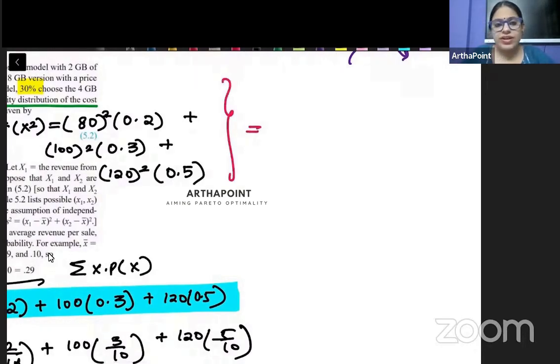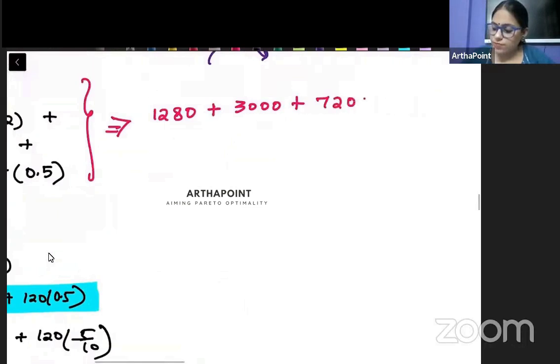So if I find out E of x square, what will I get? So beta, 80 into 80 into 0.2 gives me 1280, plus 100 into 100 into 0.3 gives me 3000, plus 120 into 120, that means 14400 into 0.5, gives me 7200. Right, beta?